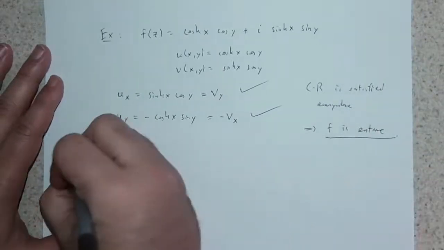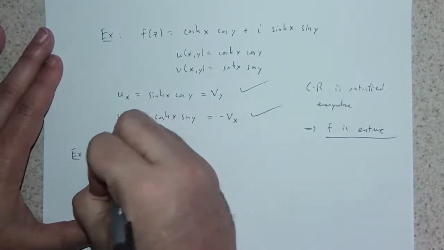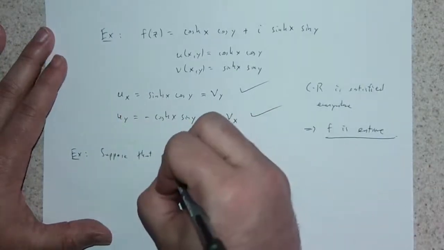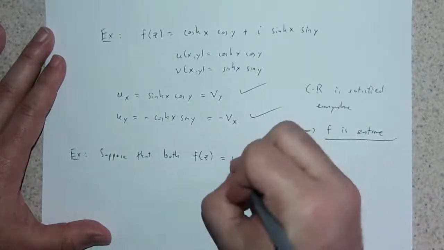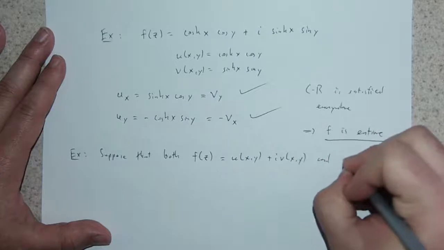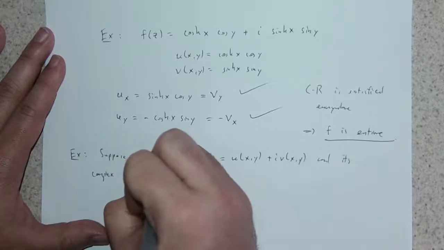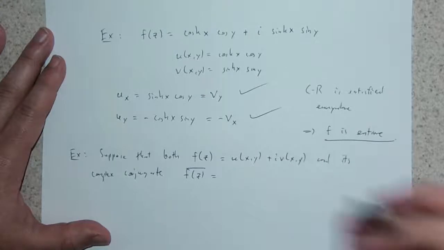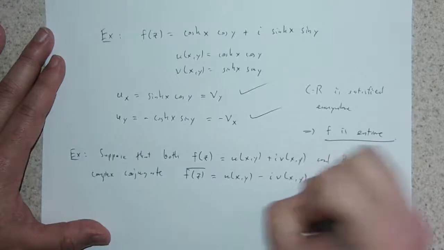So let's do another example here. Suppose that both f of z, which I will write in the usual way, u of x,y plus i v of x,y, and its complex conjugate, which as a function is f bar of z, so this is u of x,y minus i v of x,y.